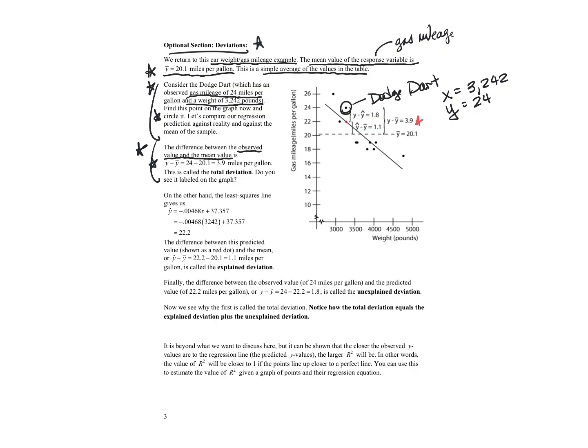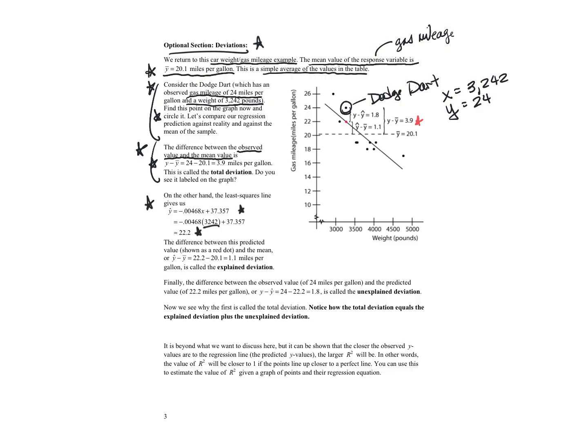Okay. On the other hand, the least squares regression line, notice I'm using the y hat equation from page 1, and I put the X value, or the weight of the Dodge Dart, in there, and it would have predicted a gas mileage of 22.2.